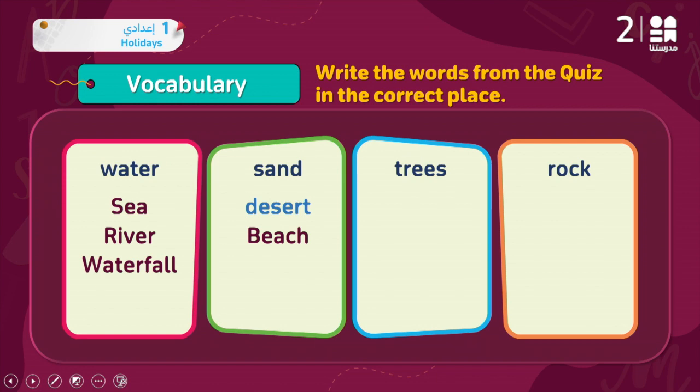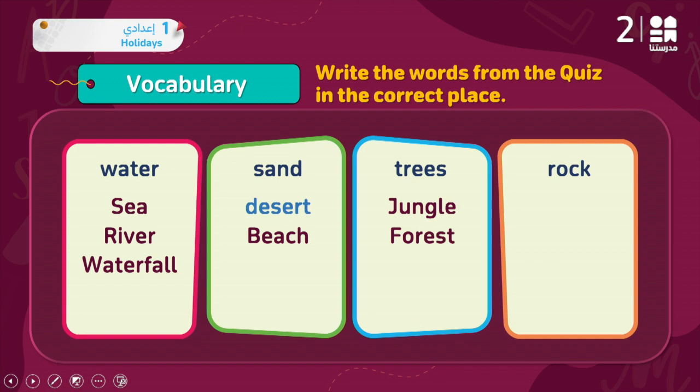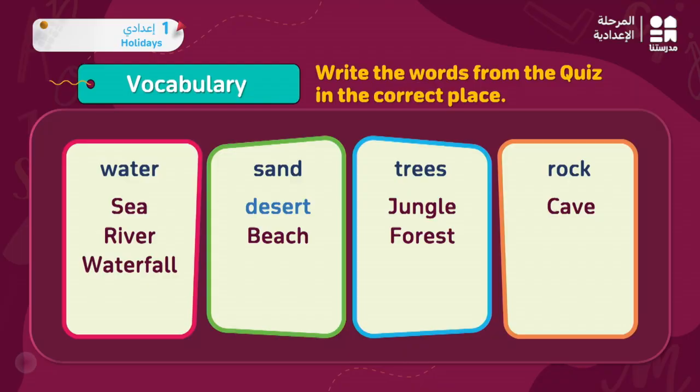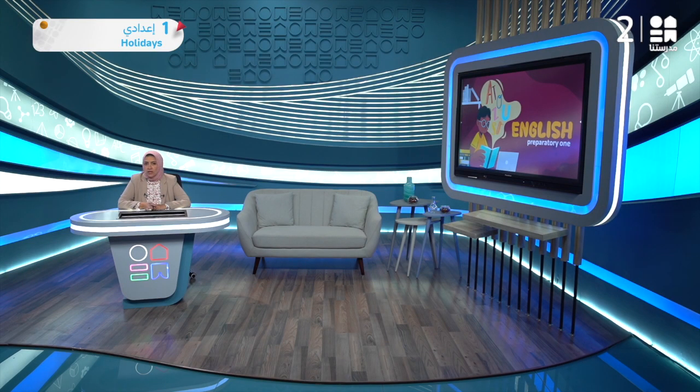Sandy flat area beside the sea. تمام. البيتش الشاطئ. بعد كده الحاجات اللي related to the trees عندنا الجنجل وعندنا الفورست. تمام؟ اوكي. طيب الروكس عندنا الكيف طبعا لان هو قلنا الاوبننج هول دي أو الهول أو الشامبر الموجودة في الماونتن دي بتبقى from rocks. And of course the mountain الجبل. تمام؟ I think until now we have no problems.